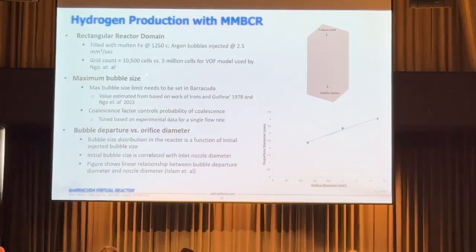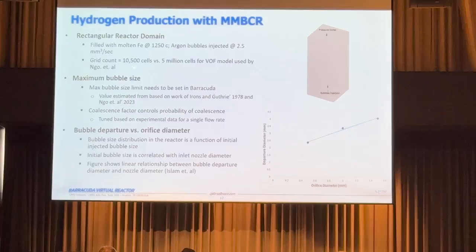Now here's the key difference. You will find a lot of studies and literature where people are using traditional CFD, like VOF models, to simulate these, and they do a great job. But if you look at the computational time it takes to solve a VOF simulation, the grid count is around 5 million cells. In this particular paper by No, they use VOF and their grid size was 5 million cells.